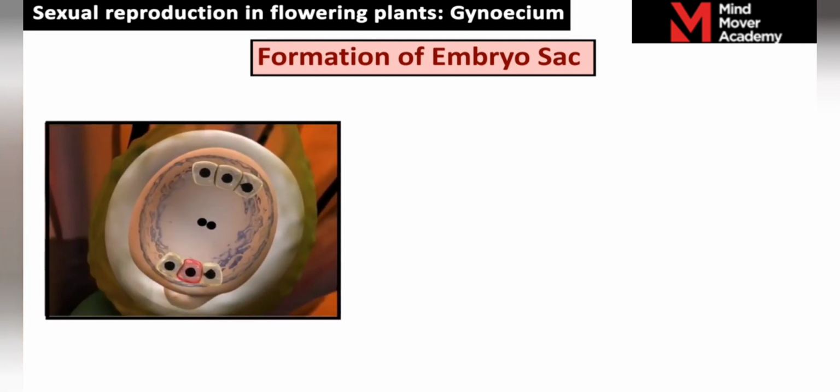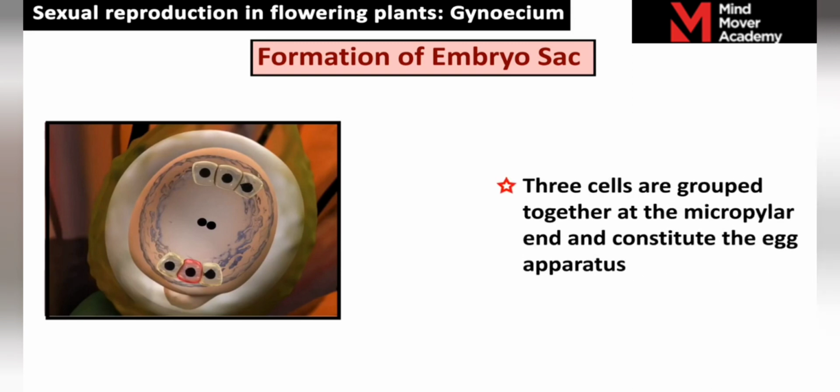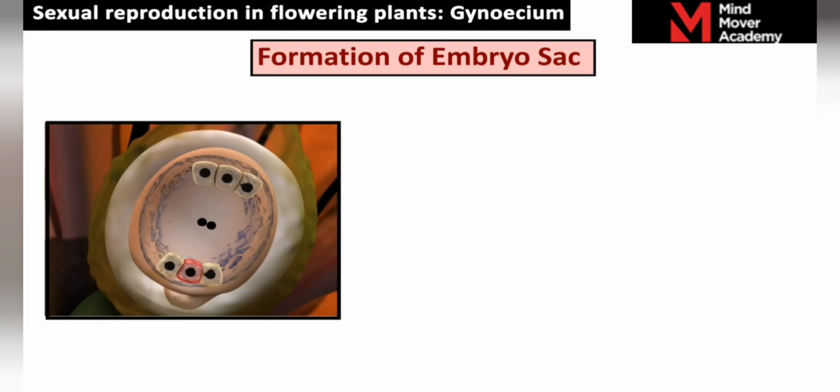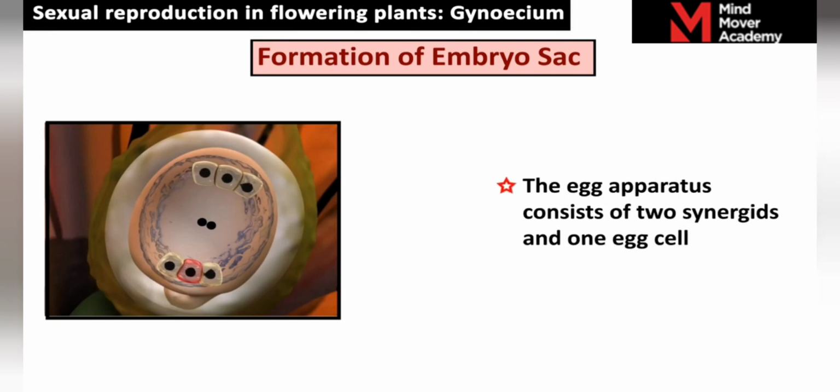And there is a characteristic distribution of the cells within the embryo sac. 3 cells are grouped together at the micropylar end and constitute the egg apparatus. The egg apparatus in turn consists of 2 synergids and 1 egg cell.